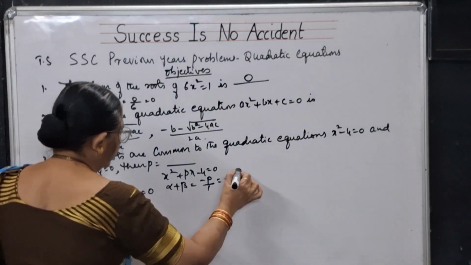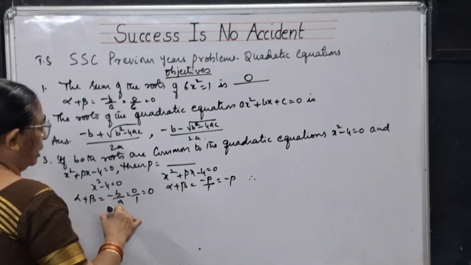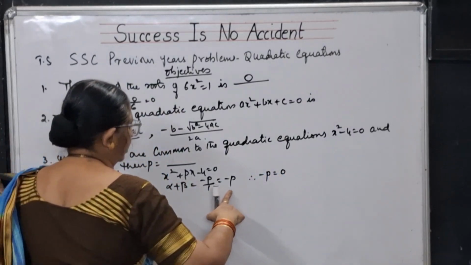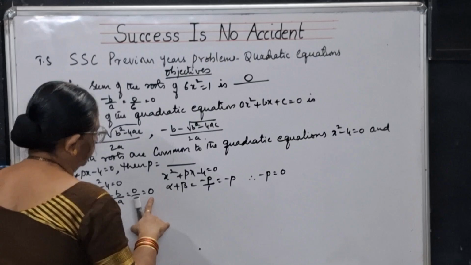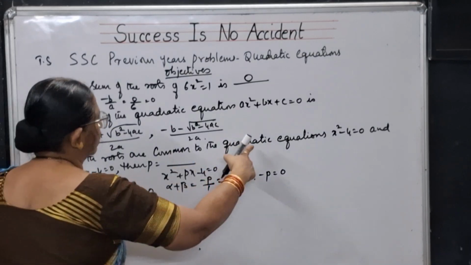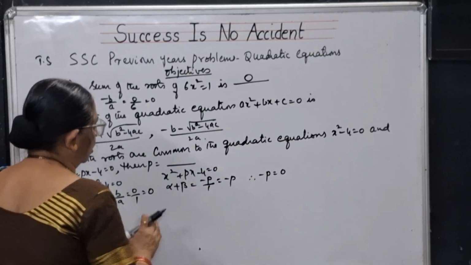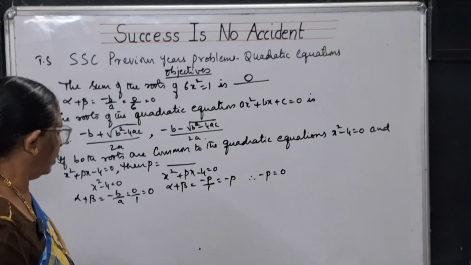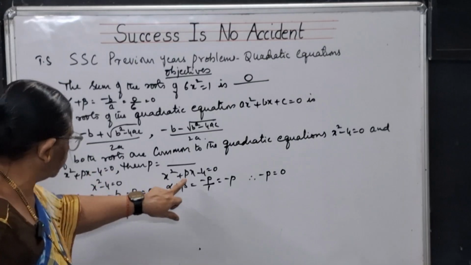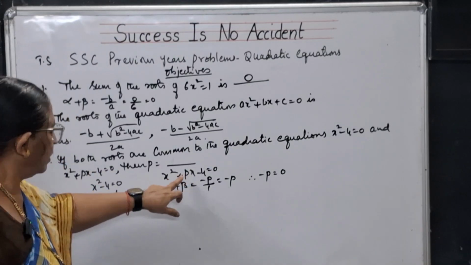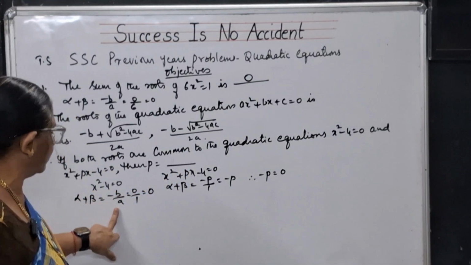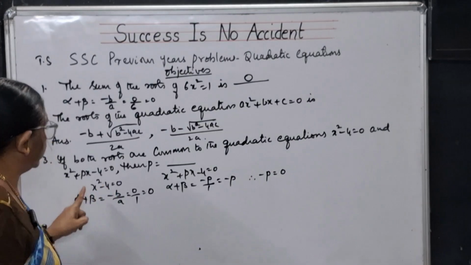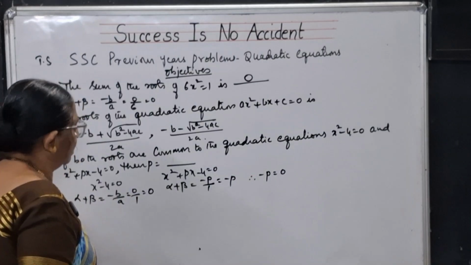That means what you can say here, children, minus p is equal to 0, because alpha plus beta you got minus p here and here alpha plus beta is 0. Both the roots are common, they are saying. If the roots are common, you should have the same alpha plus beta. In the first equation there is no coefficient of x, so b value is taken as 0.